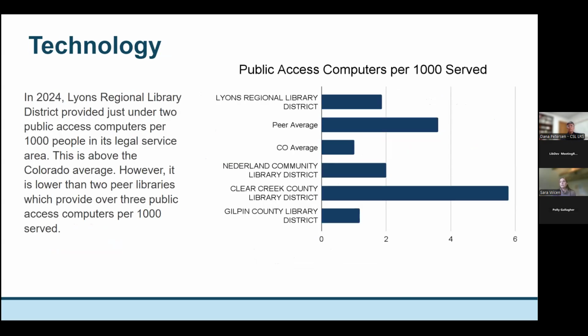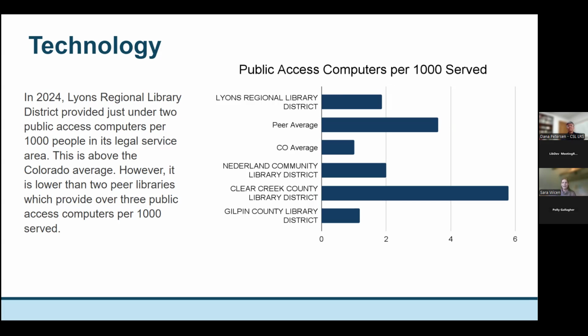This is a slide about technology, specifically the number of public library access computers per 1,000 served. This per 1,000 served calculation is similar to per capita, but we use it when we're looking at items like computers. If you divided the number of computers the library has by every person in their legal service area, you would get a teeny tiny decimal, and it's pretty hard to conceptualize.